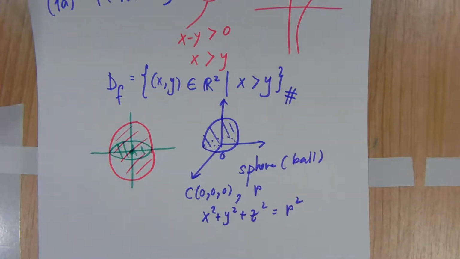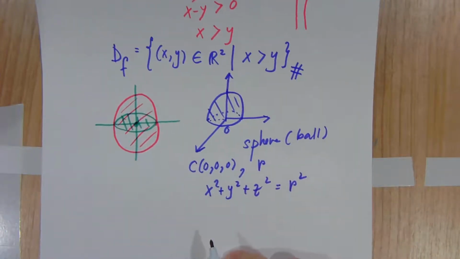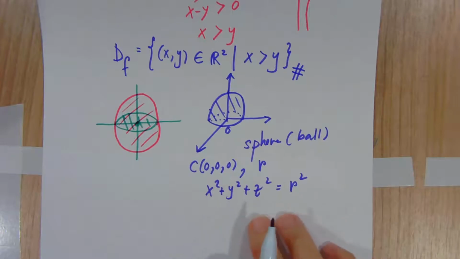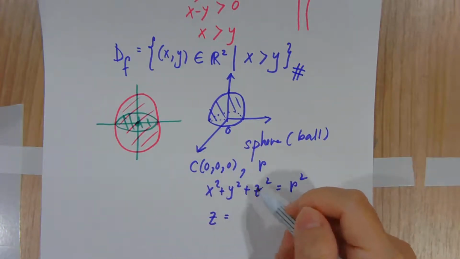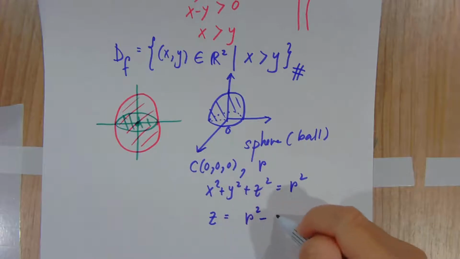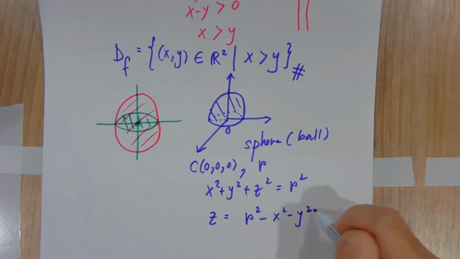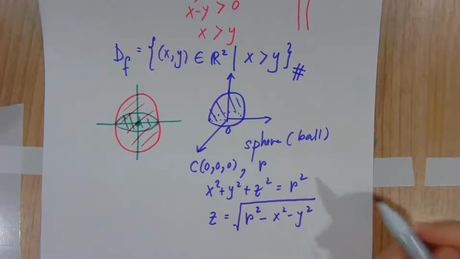So this is it, and then we can write it in terms of z. So z equals like this, right?